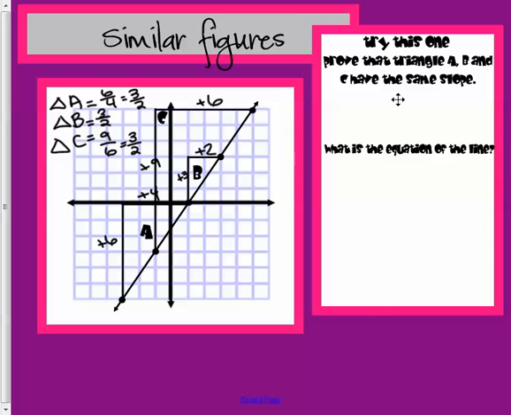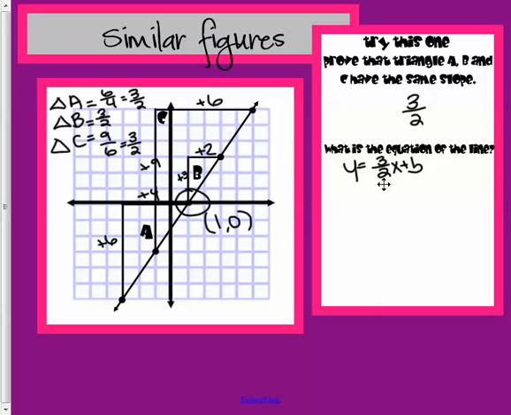Now let's look at the equation of the line. We know that all of their slopes are 3/2. So y equals 3/2 x plus b. Okay, so I'm going to pick a point. I'm going to pick this one because it is perfectly on the line, where x is 1, y is 0.